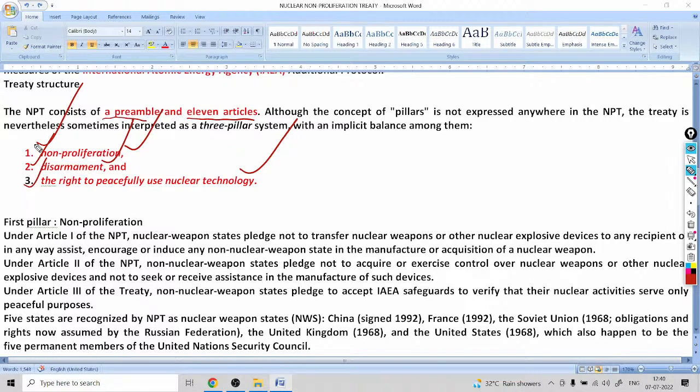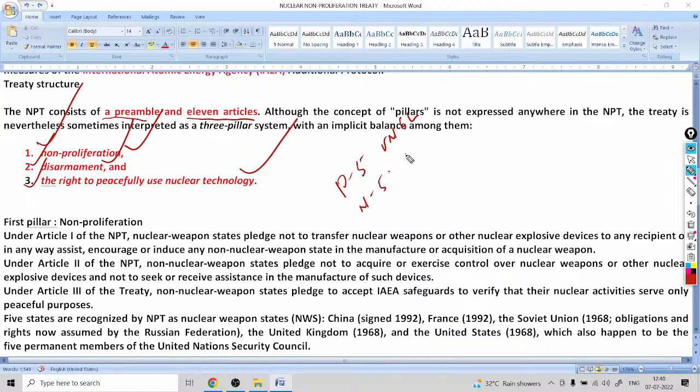Fine. Then five states are recognized by NPT as nuclear weapon states, such as China, France, Soviet Union, present Russia, then United Kingdom and United States of America, which also happen to be the five permanent members of the United Nations Security Council. That means the P5, the permanent five members, P5 of UNSC are the N5.